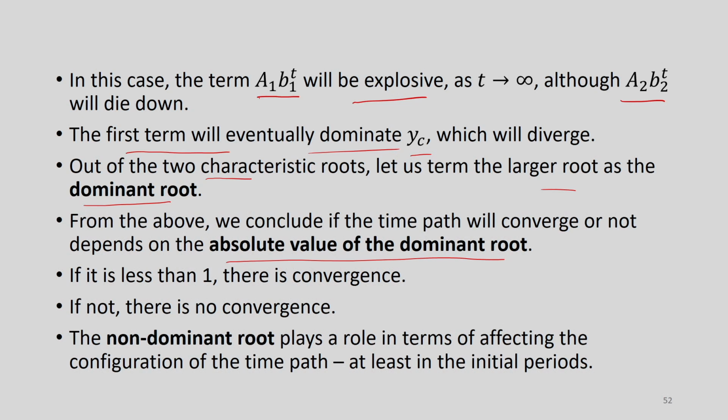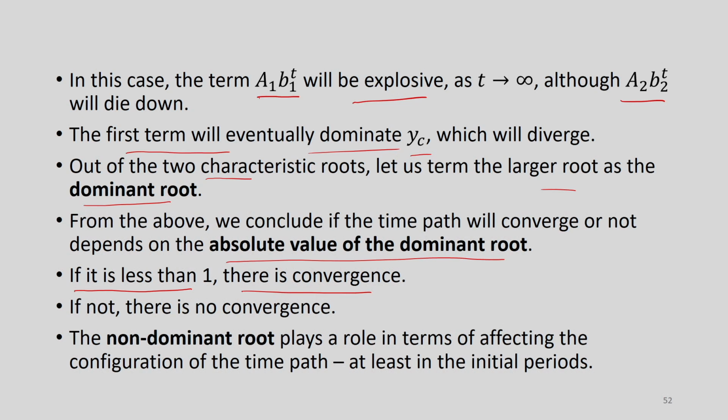Dominant root means the root which is larger in absolute terms. If the larger root is greater than 1, then we have a problem, there is divergence. If it is less than 1, there is convergence. If it is equal to 1, then we know there is not going to be any convergence.